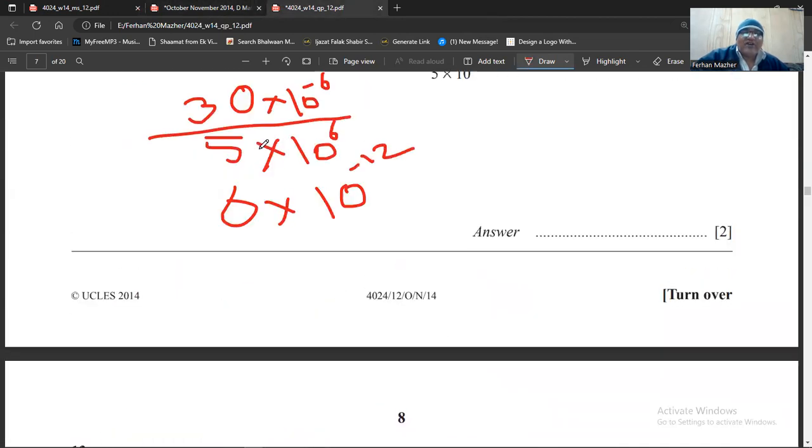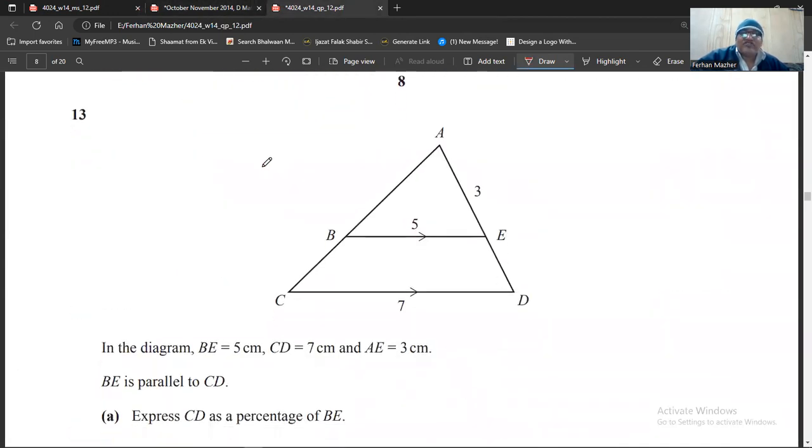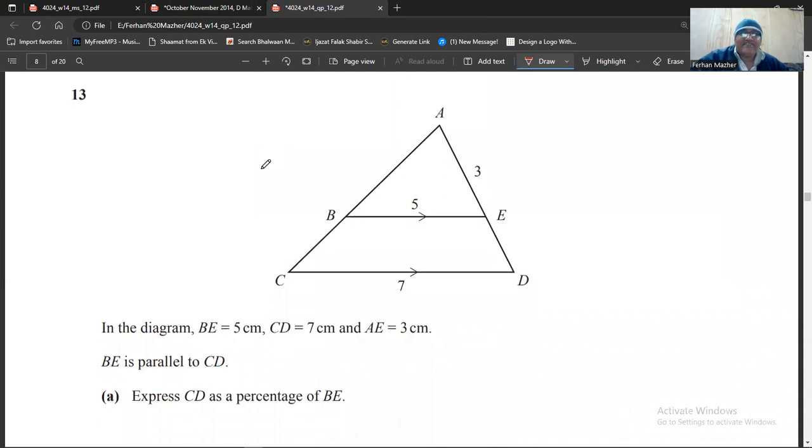Okay, now we are going to the next question, which is question number 13. Remember, this is the famous case of similarity. Let me remind you, if you have a triangle like this, and these sides are parallel, this small triangle and this full triangle are similar to each other. I hope now you remember.